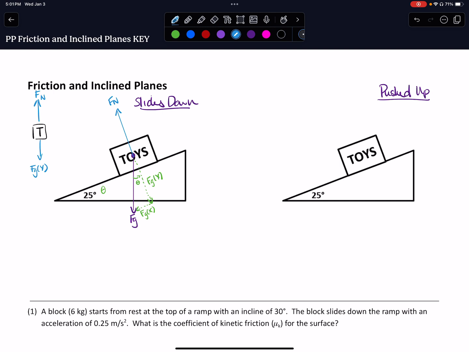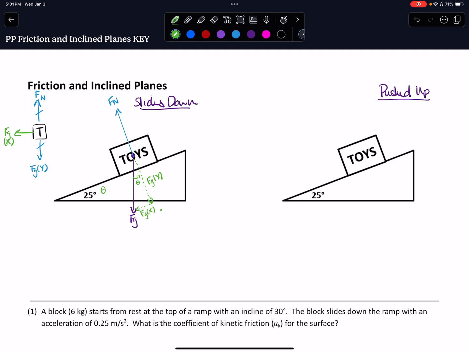So if the toy box is remaining on the surface of that inclined plane, these two forces will be equal and opposite. Also working due to gravity is the gravitational force x component, and that's going to point down the ramp. You can see that in my diagram right here.